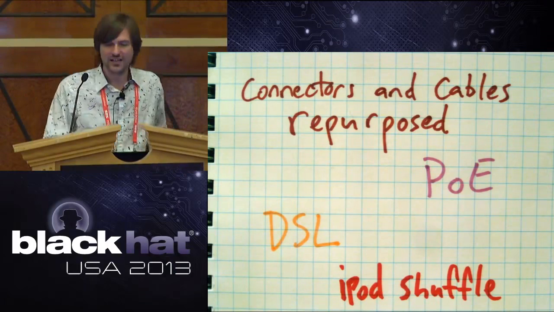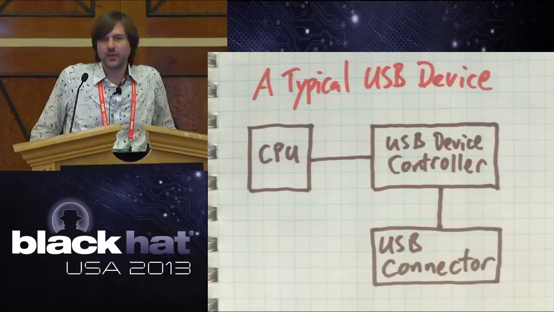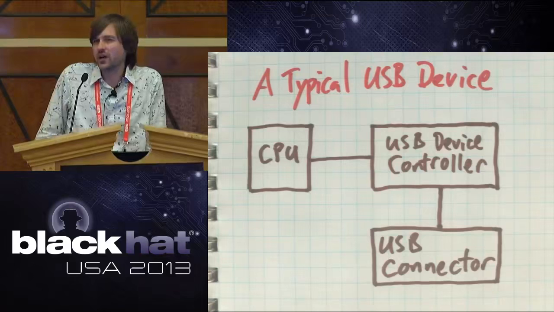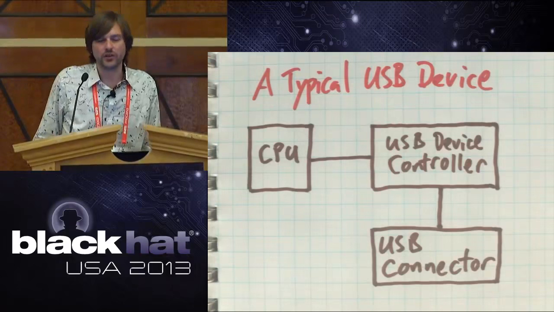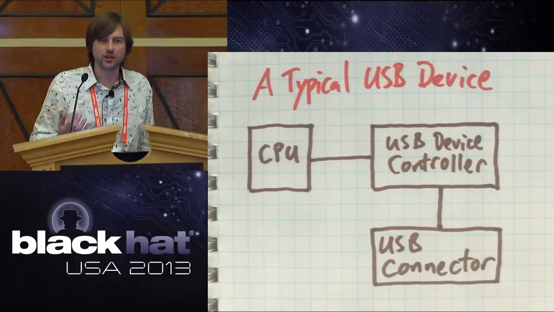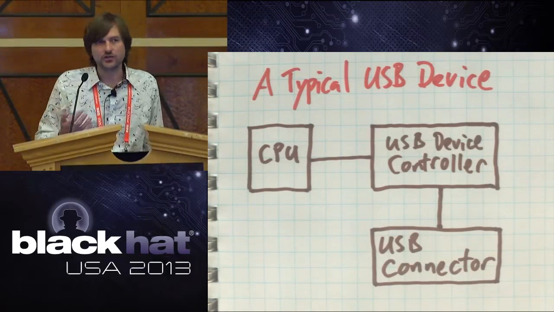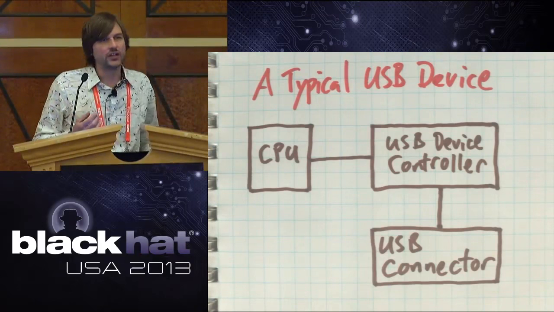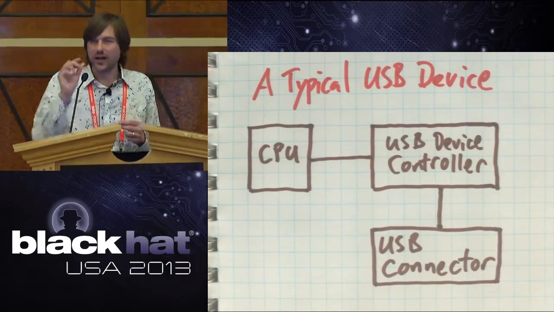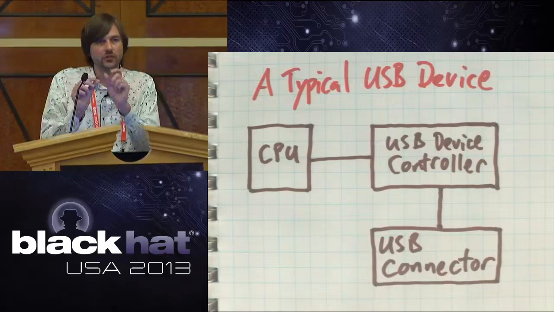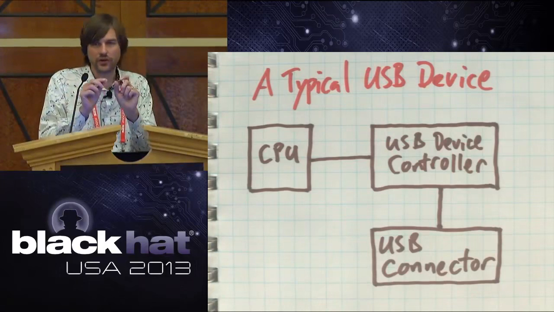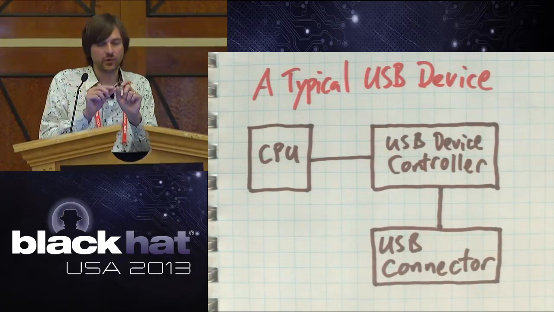All right. So a typical USB device, and USB is what we've been focusing on primarily with this work, has something called a USB device controller, an integrated circuit that actually runs the USB connection. You'll have a connector on a device, and then a USB device controller attached to the connector with a few traces on the printed circuit board.